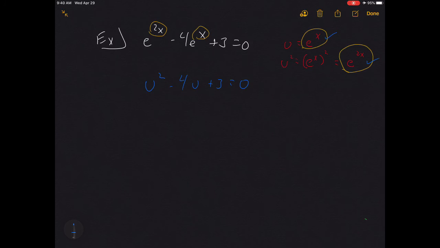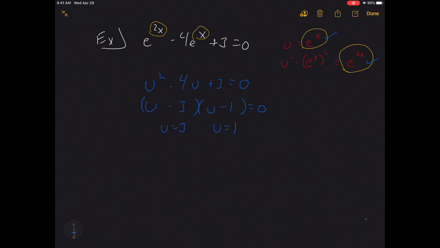So we're going to go ahead and do that. If we factor this thing, it's got to be minus 3 and minus 1 in order for this to work. So then if I set each one of those equal to 0, I'm going to get u equals 3 or u equals 1. I did not go through the whole process there. Hopefully you can see that those are the two u values that work.